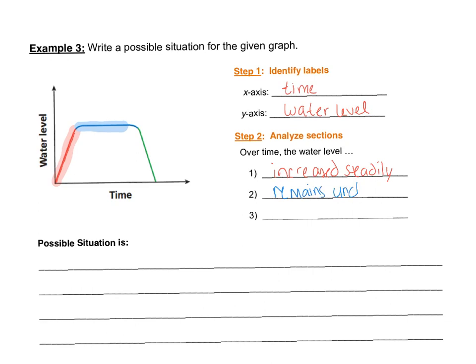Remains unchanged. And then in green, it's a pretty quick drop there, so we can say decreases, maybe decreases steadily or at a rapid rate. It's kind of in between the two. I'm going to go with decreases steadily.